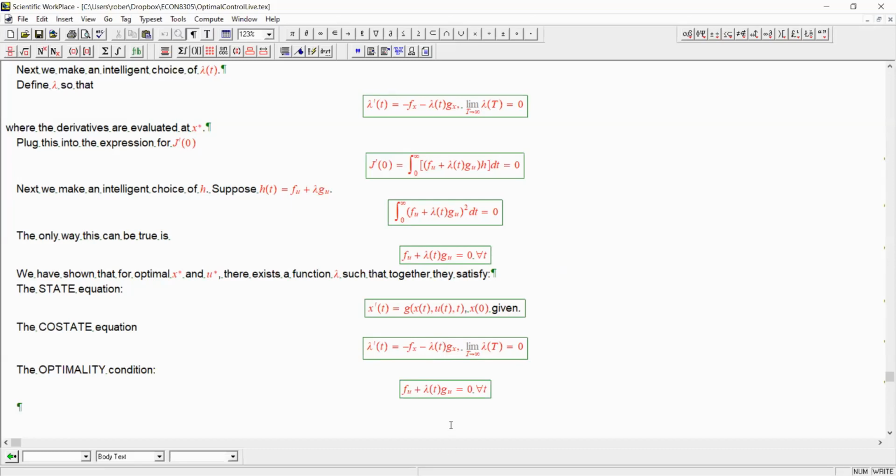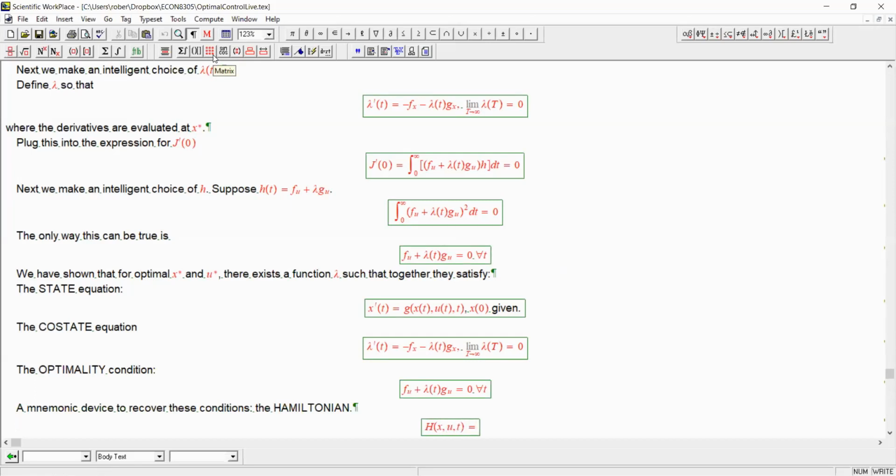So in this context, we also have a mnemonic device to recover these conditions, sort of like the Lagrangian, and it's called the Hamiltonian. The Hamiltonian is defined as follows. Let's call it H of x, u, and t.